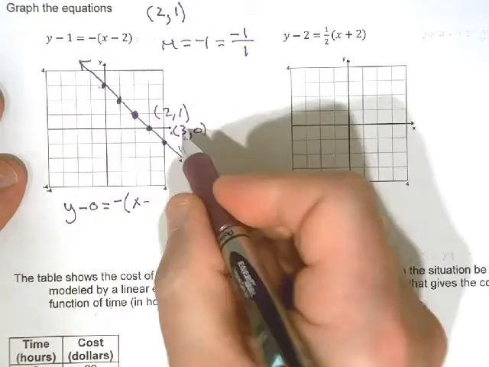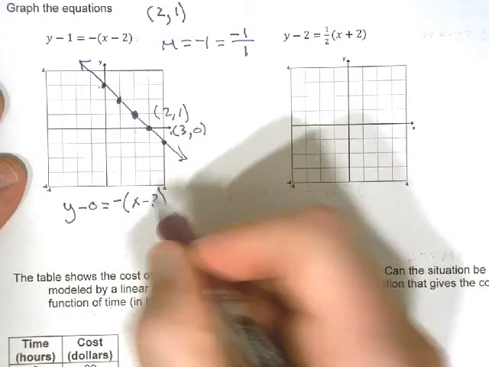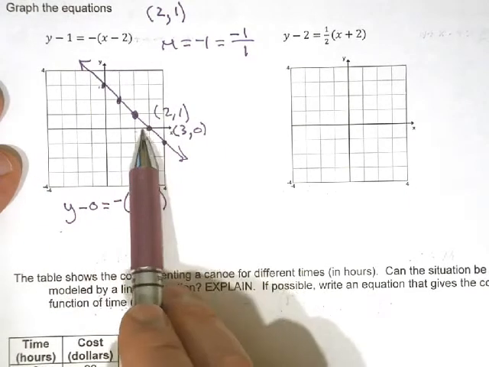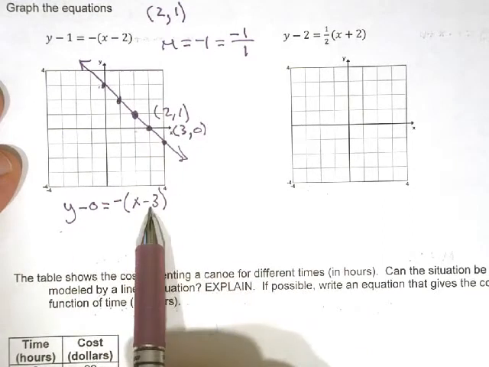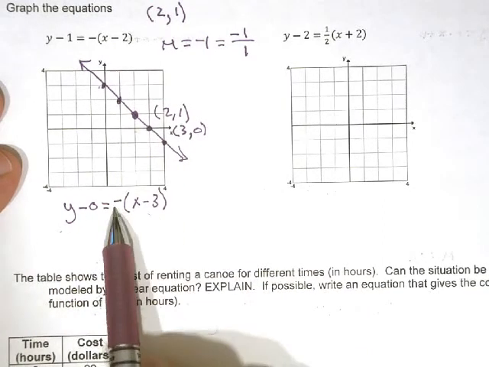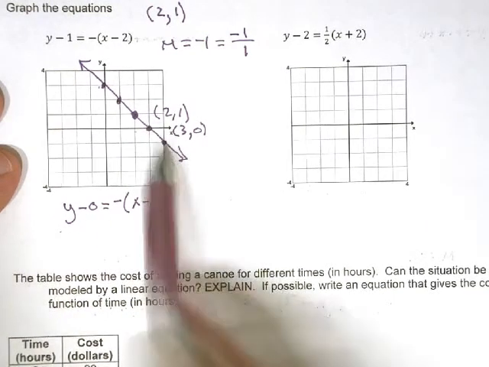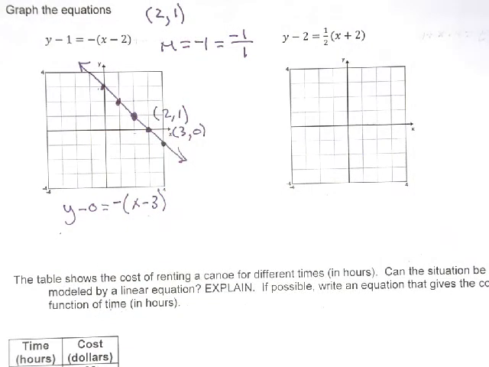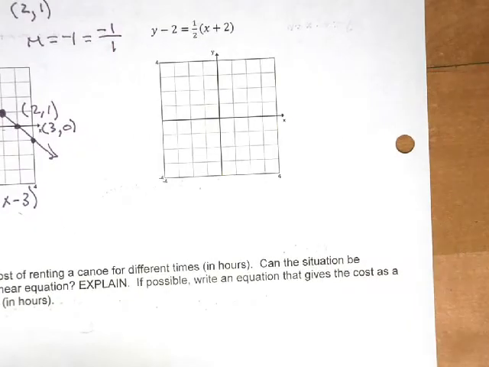It's 0, equals my slope, which was minus x minus my x value, which is 3. So there's another equation. So again, I could have started here at 3, 0, and then my slope is still down 1 over 1. I get my next point. So lots of point slope equations we actually can come up with here.